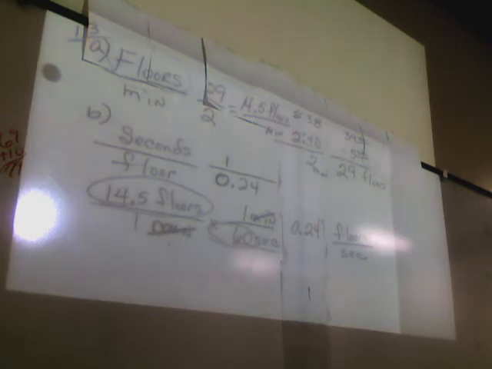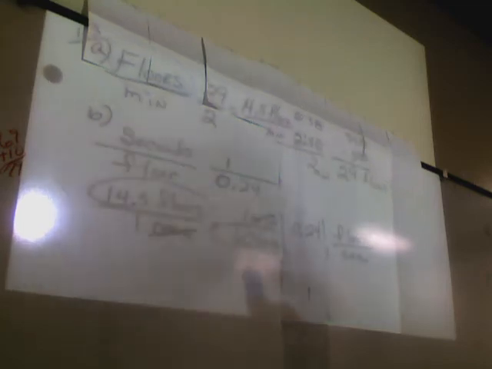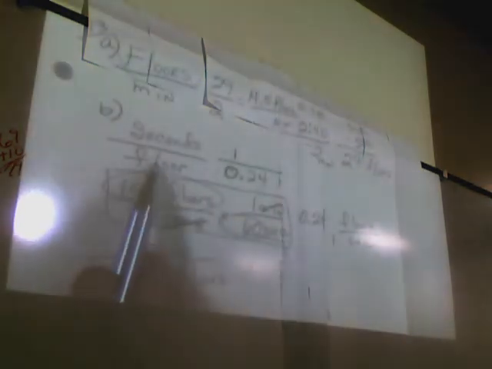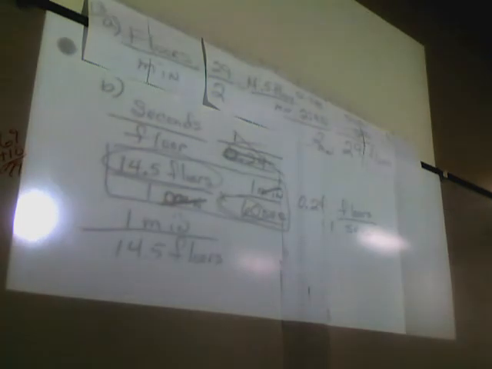What we need to do. Would you make a proportion for that? You know what? Instead of dividing that, let's start right back here and put our floors on the bottom. 1 minute for 14.5 floors, because we need our floors on the bottom. Okay? We don't want the 0.24. We want seconds on the top.